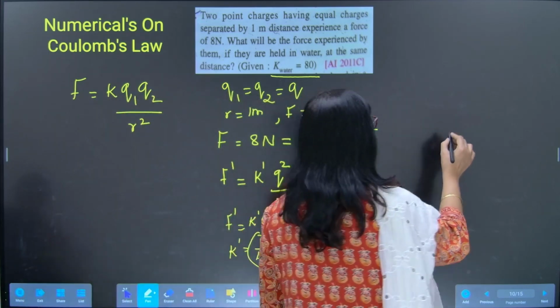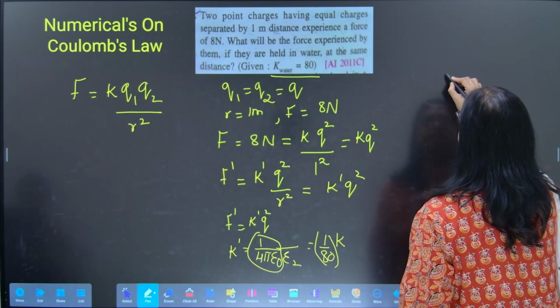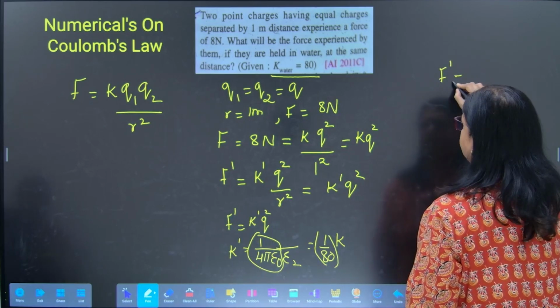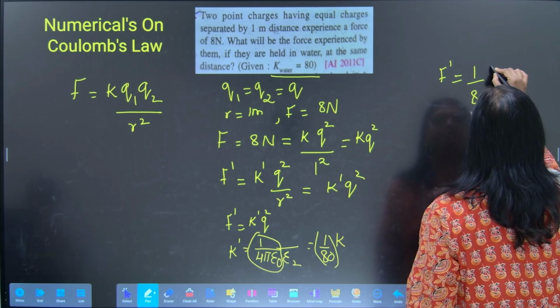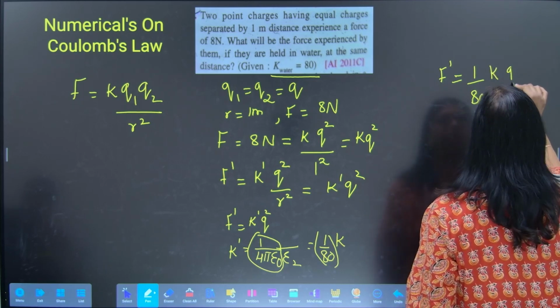Substituting the value of K dash in F dash, we have F dash is equal to 1 upon 80 K Q square.